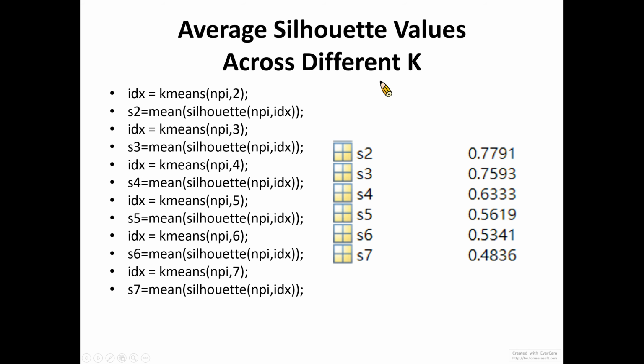So it seems like 2 or 3 clusters is still the solution, and that's why you really need to look at these values and determine which number of clusters is compatible with your hypothesis. In this case, we might conclude that 2 or 3 clusters is enough to explain our data.